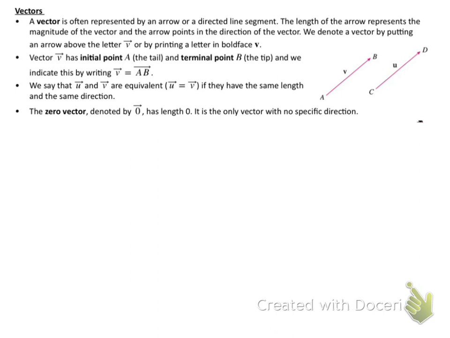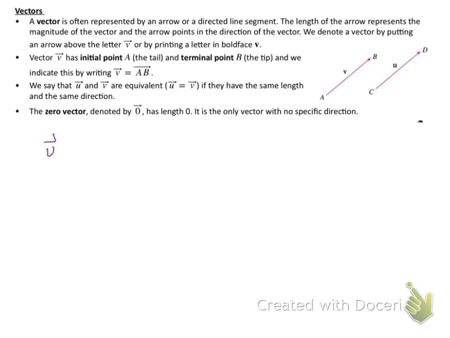ending at B. We denote a vector by putting an arrow above the letter V or by printing the letter in boldface. Actually, in the textbook, you will see vectors like that, okay? A darker V, which apparently you can't do when you are writing. So I try my best to write all my vectors in a handwritten way with an arrow on top.